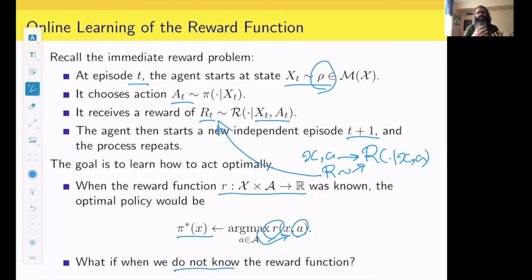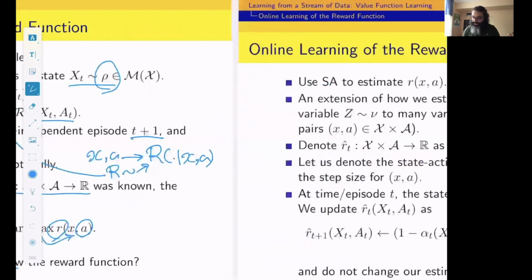So each R acts like each of the Z's, but instead of having one random variable, we have many, one for each pair of state and action. And we can use whatever method we have, stochastic approximation, or sample mean, to estimate it.